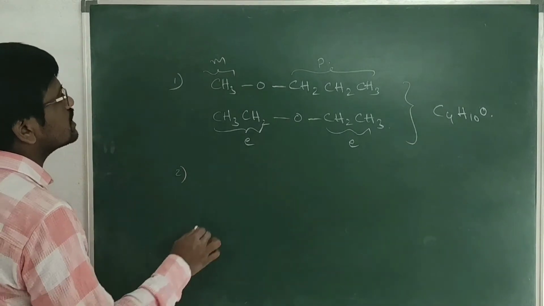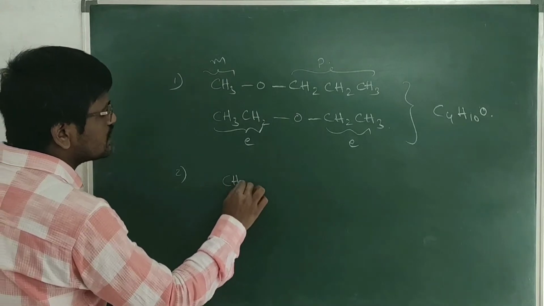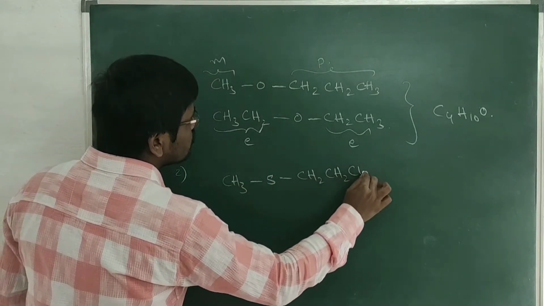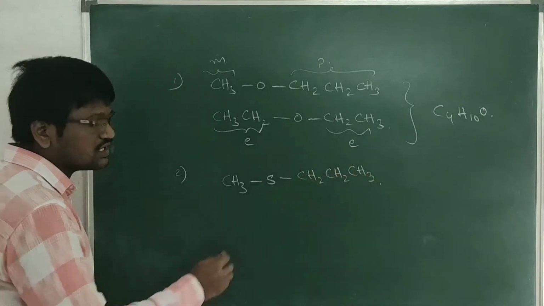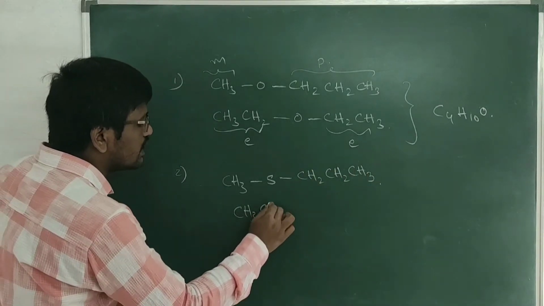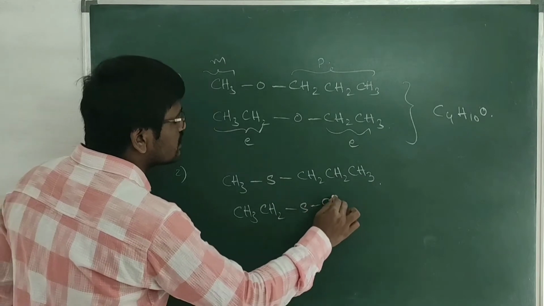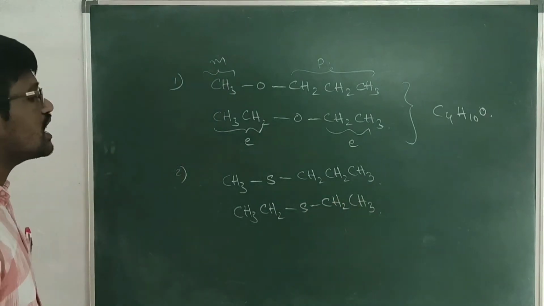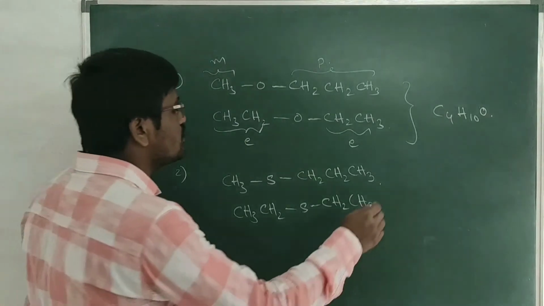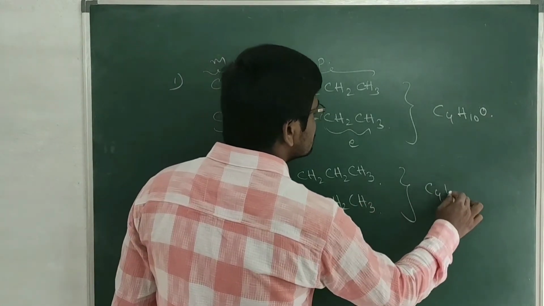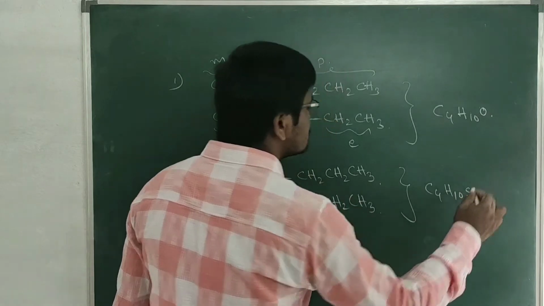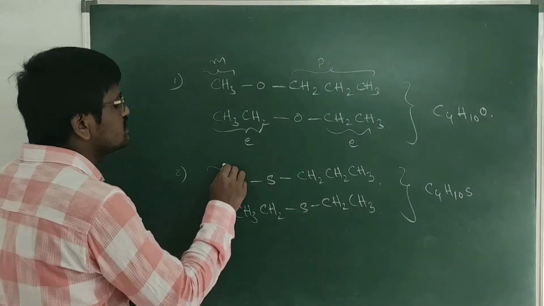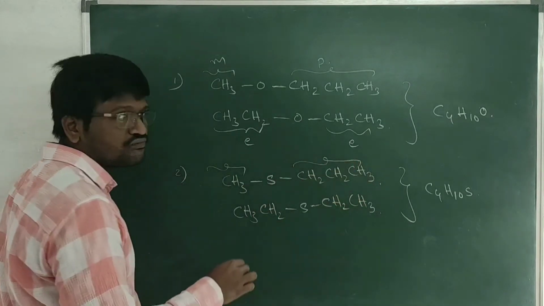Another example you can take, that is methyl propyl thioether and diethyl thioether. These are having same molecular formula, that is C4H10S, and same functional group, that is thioether, but difference in the alkyl groups attached to the functional group.